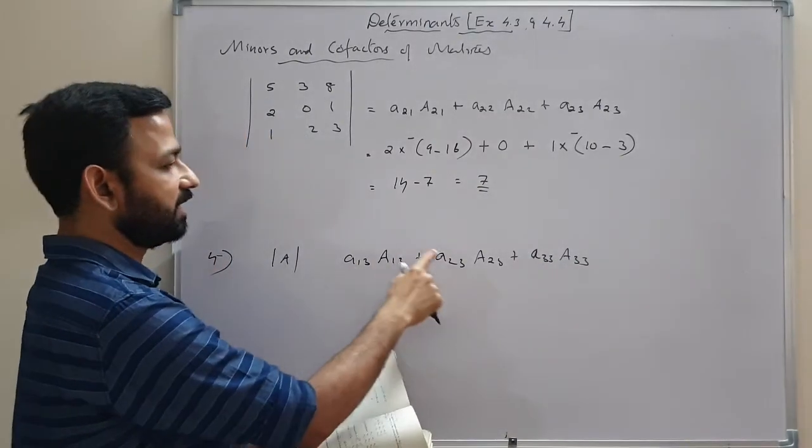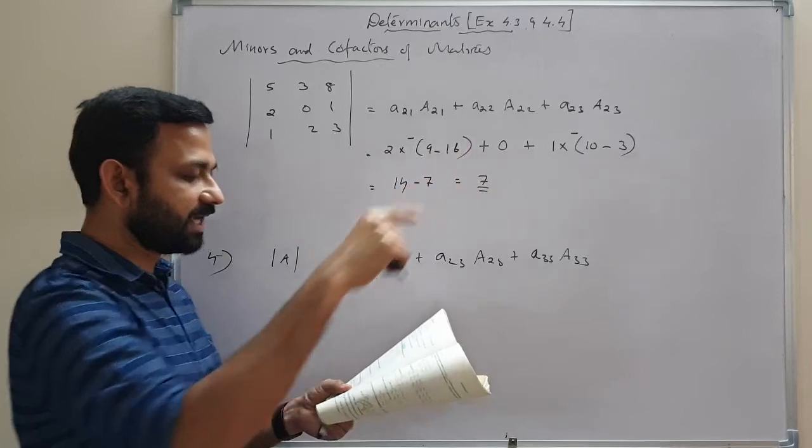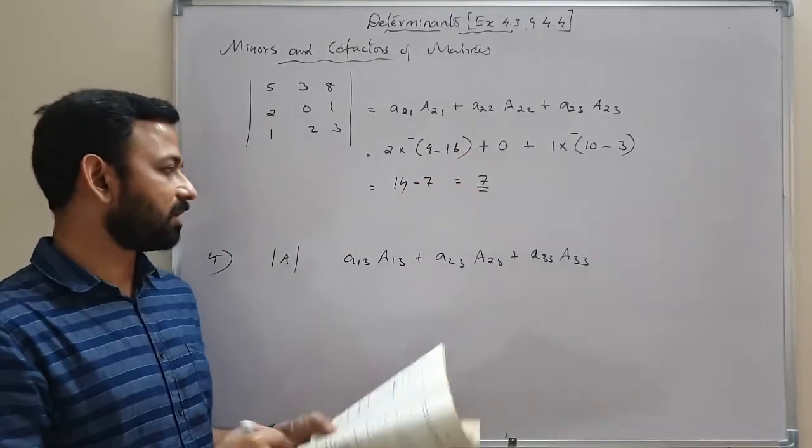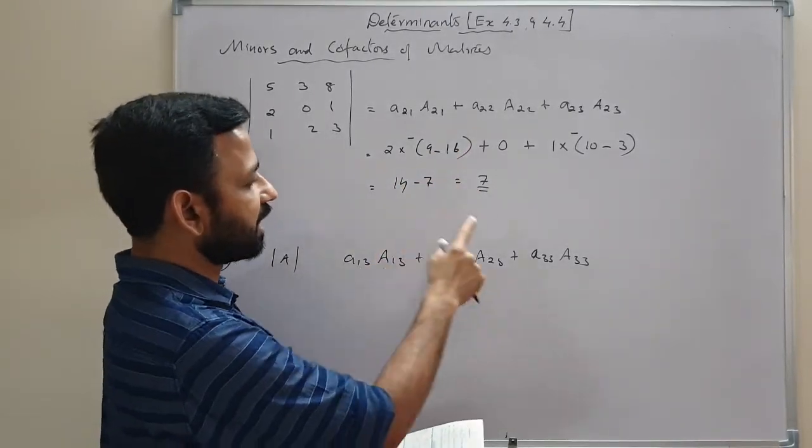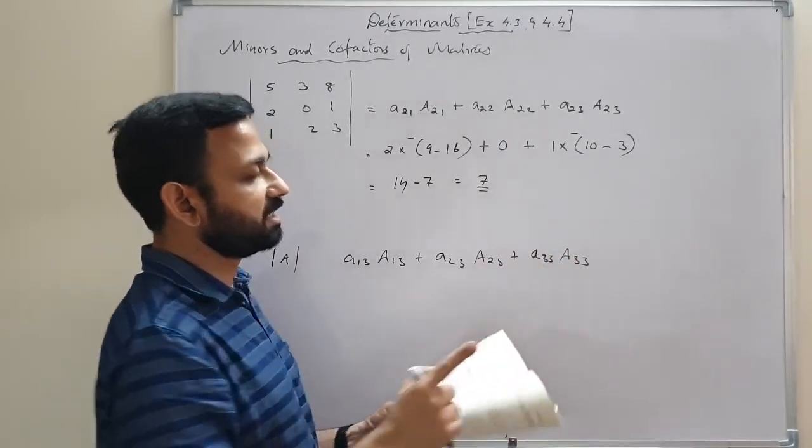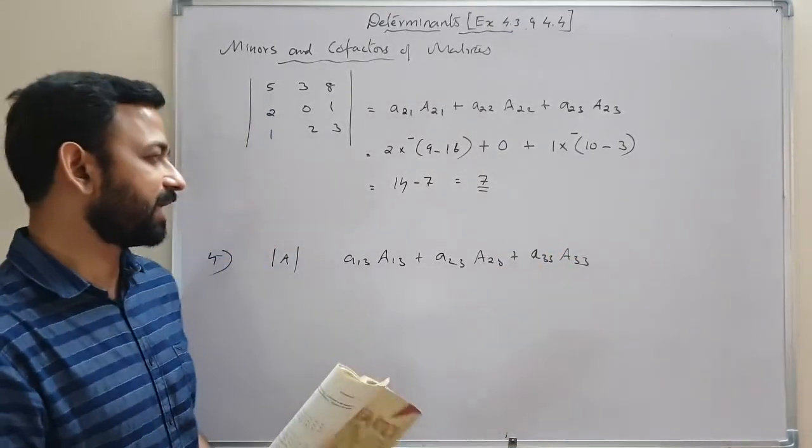So a13, a23, a33 are the elements from third column, and the capital A13, A23 and A33 are the cofactors of corresponding elements.